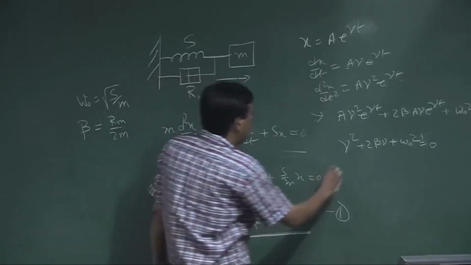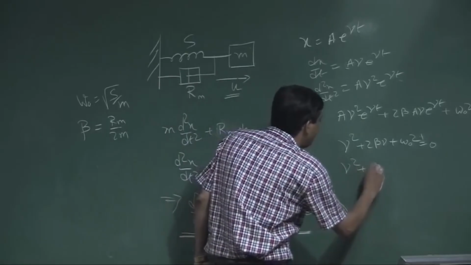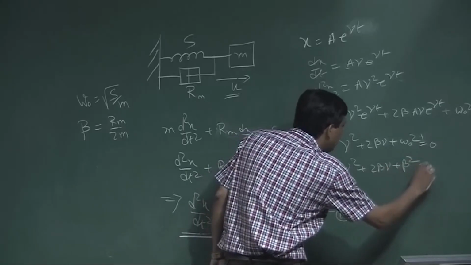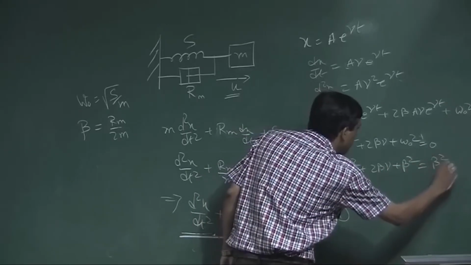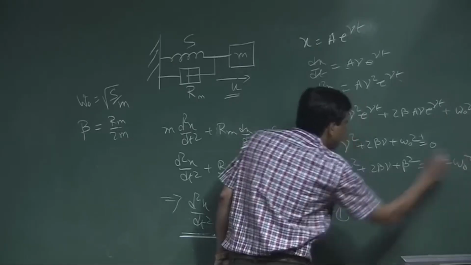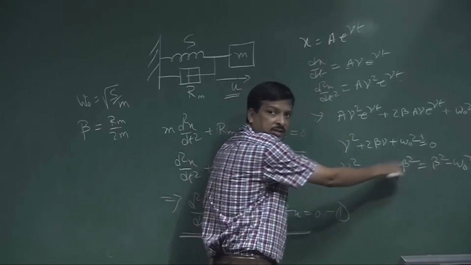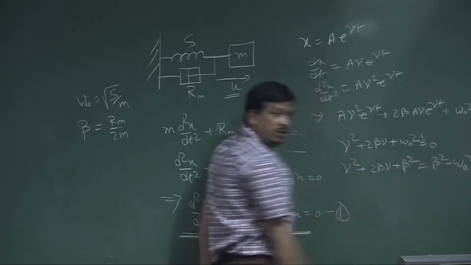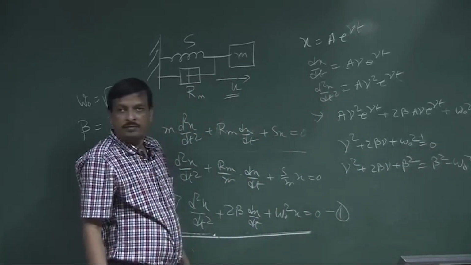I can write gamma square plus 2 beta gamma plus beta square is equal to beta square minus omega 0 square. I add beta square on this side, and omega 0 square goes to the other side with a minus.